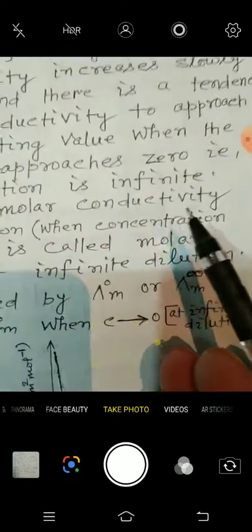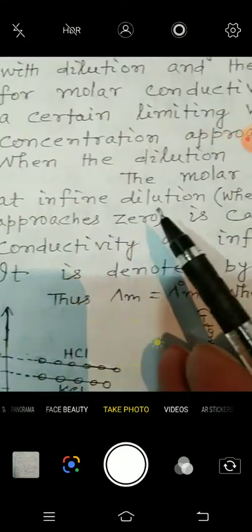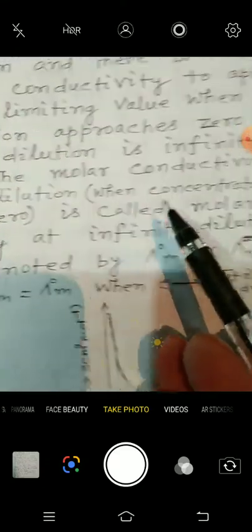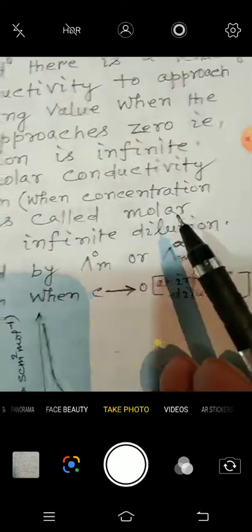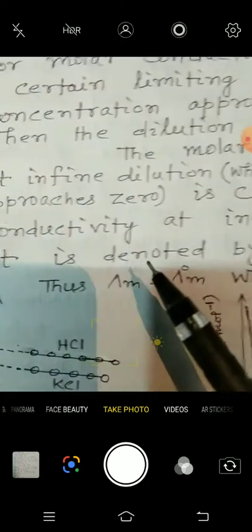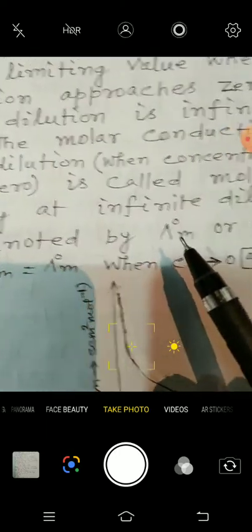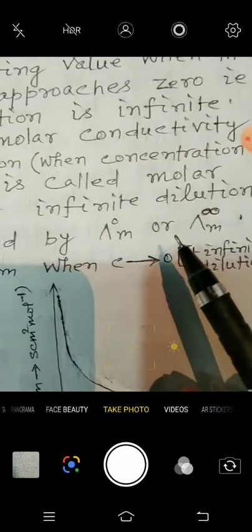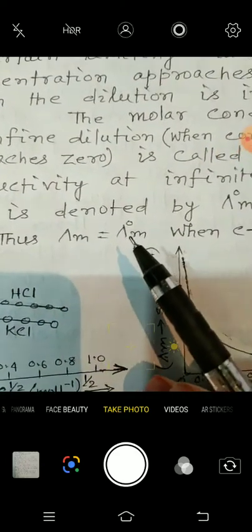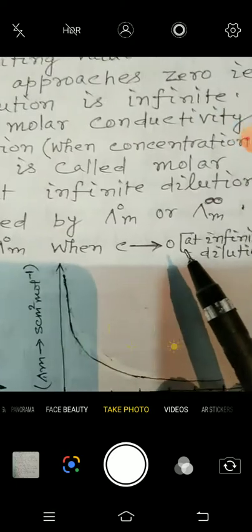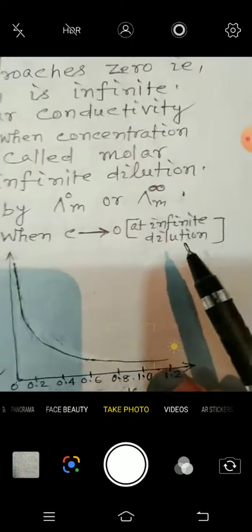The molar conductivity at infinite dilution is denoted by lambda naught m or lambda infinity m. Thus, lambda m will be equal to lambda naught m when concentration approaches 0, at infinite dilution.